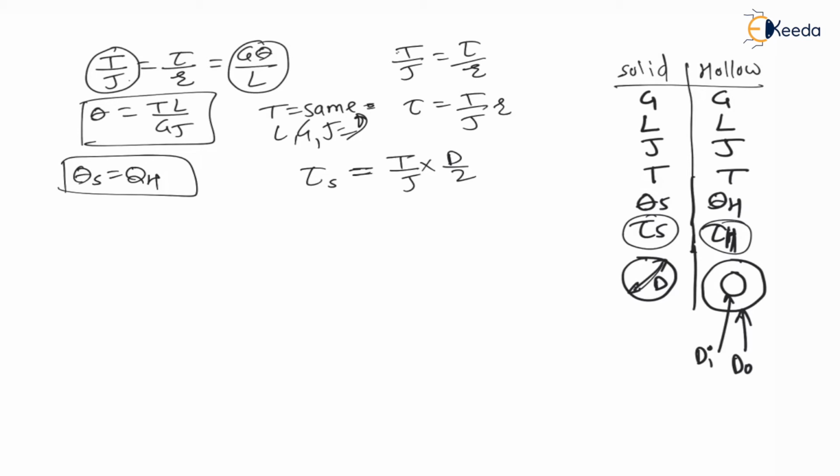Solid shaft diameter is capital D, right? And for maximum shear stress in hollow shaft, it is T by J into maximum radius, that is DO by 2, right?